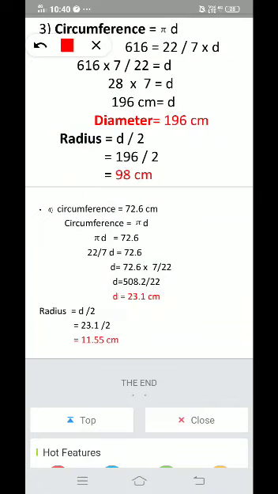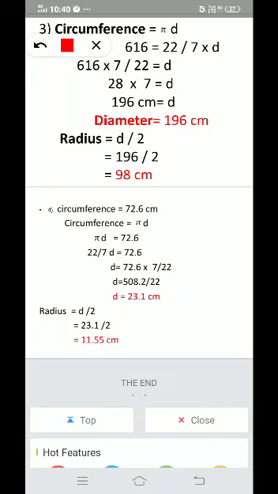Okay, now see, if you are finding the diameter, you have to shift 22 upon 7 to the left hand side. When you shift any fraction from left to right or right to left, the denominator and numerator change. Means denominator comes in numerator and numerator comes in denominator.